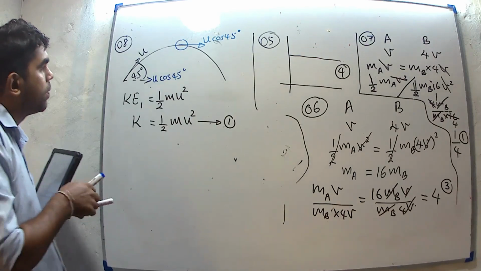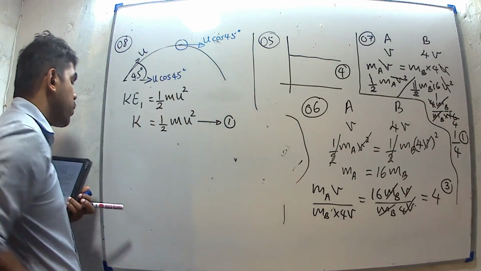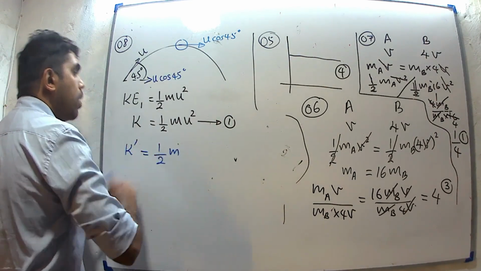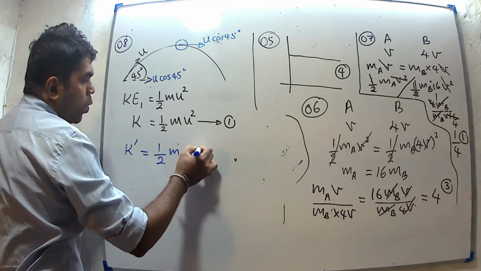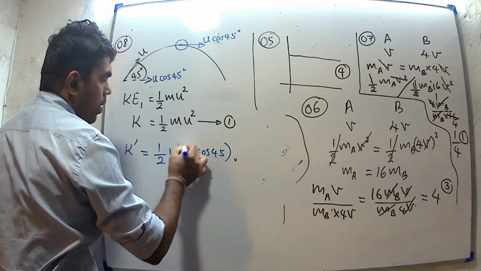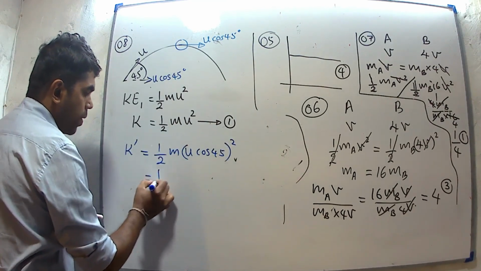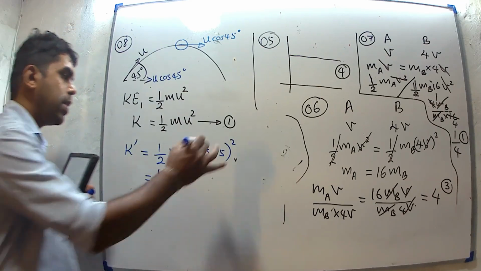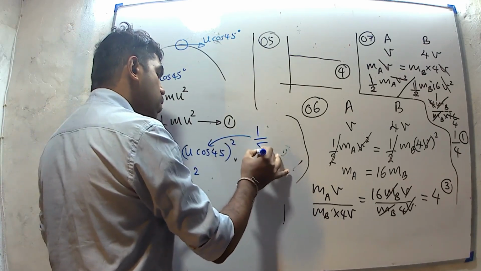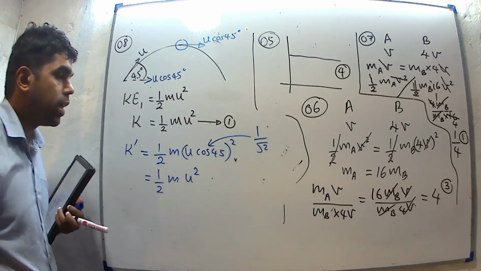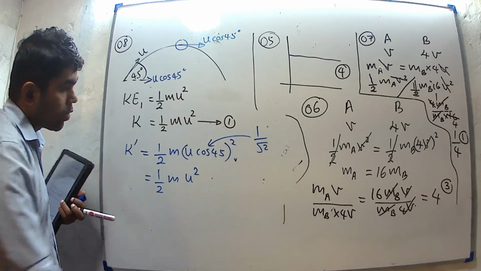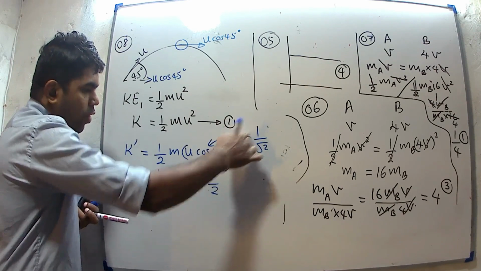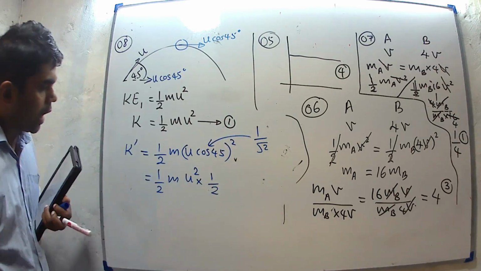Then we can write the kinetic energy at the top of the path. I will consider it as K dash, half m (u cos 45) squared, half m u squared times cos squared 45. We know that cos 45 is 1 over root 2. Now we have to substitute the square of this term. The square of 1 over root 2 is half, 1 squared is 1, root 2 squared is 2.